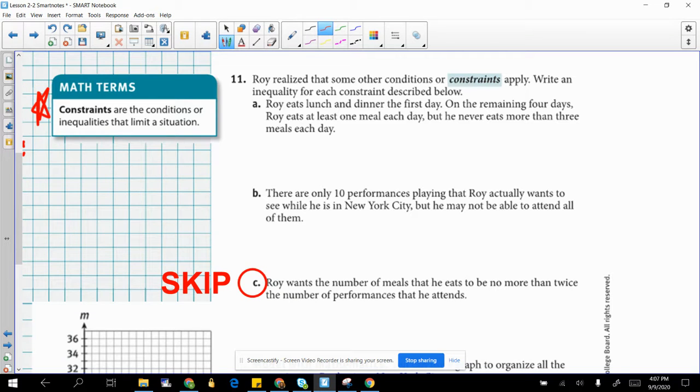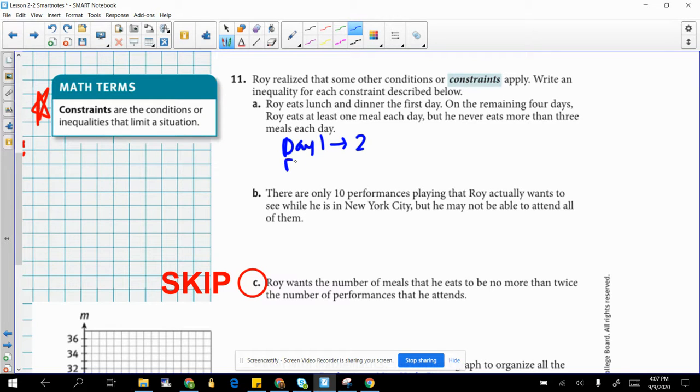Part A says Roy eats lunch and dinner on the first day. On the remaining 4 days, Roy eats at least one meal each day, but never eats more than 3 meals each day. So let's think about this. We've got day 1, where Roy eats for sure lunch and dinner, so 2 meals.